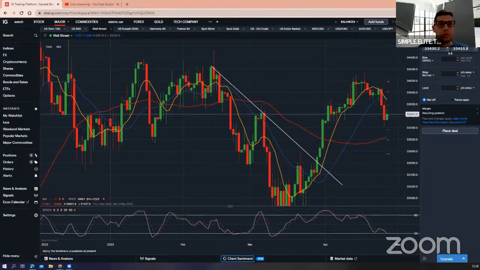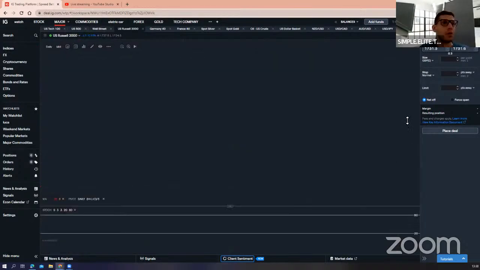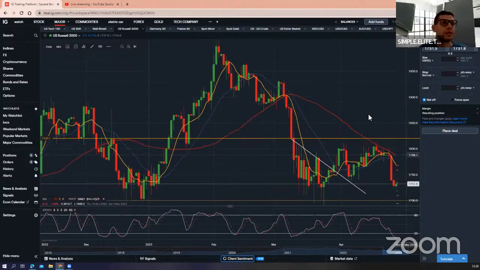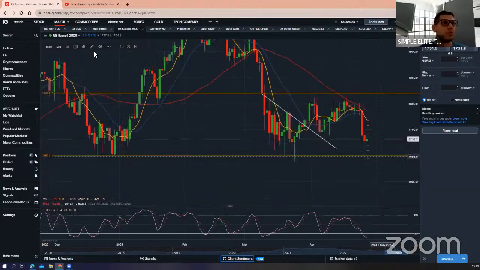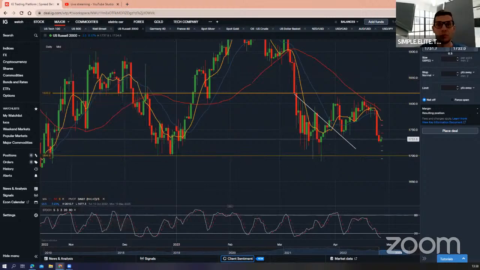Moving on to Russell 2000. We saw yesterday and the day before a big push down. We see a big bearish bar.